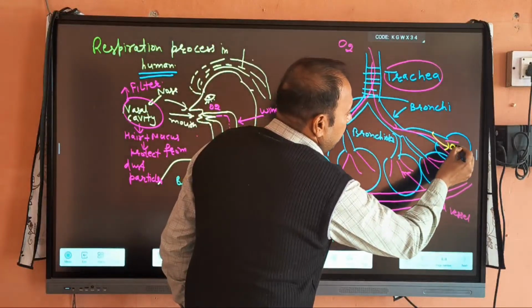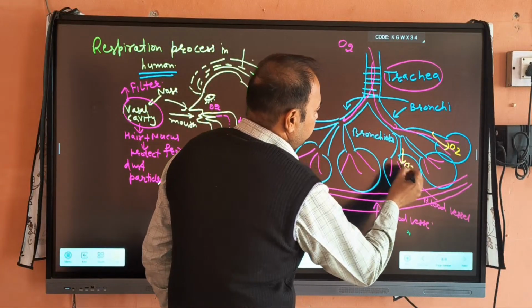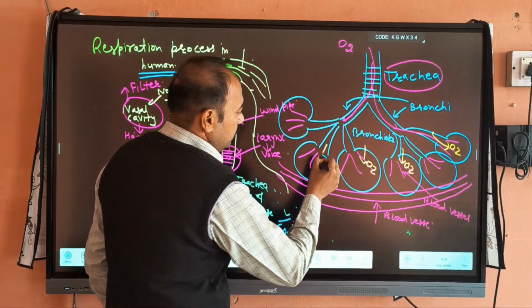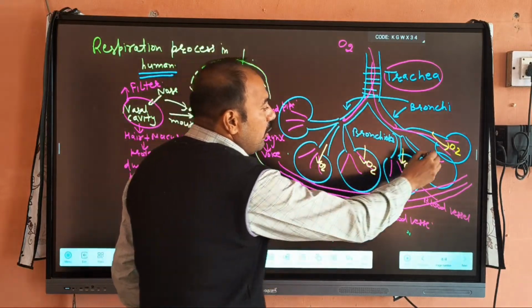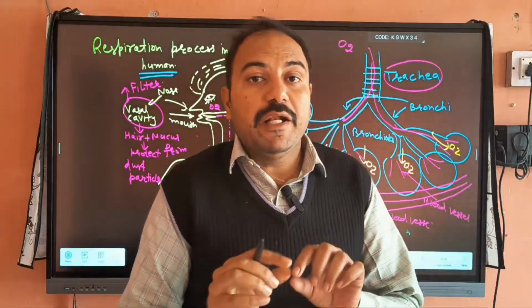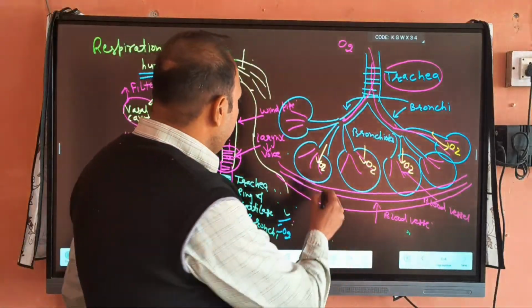Here the oxygen comes, and these alveoli contain small capillaries. So here we write 9.